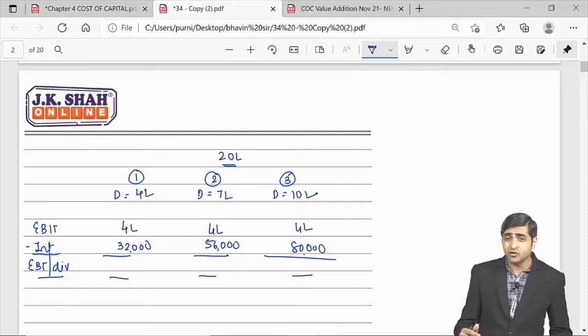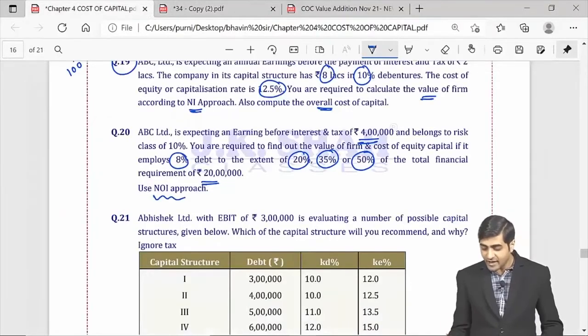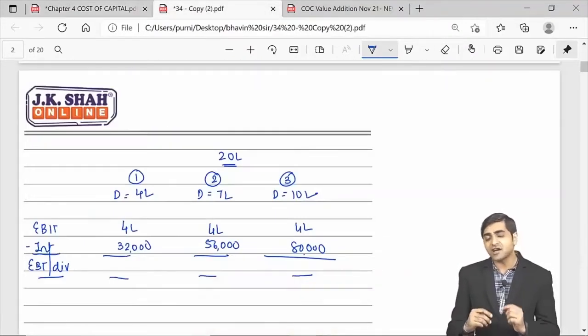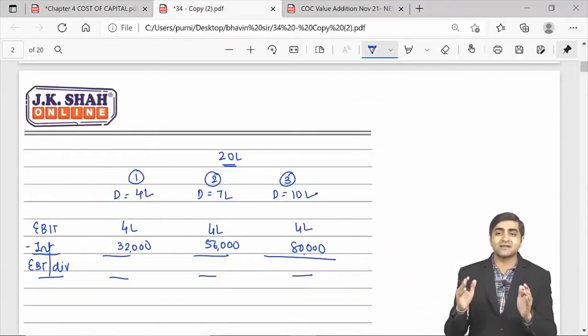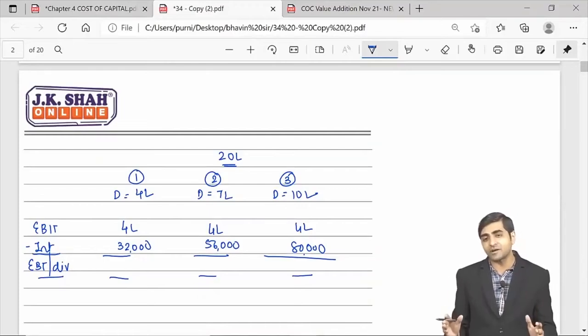So this will actually give you your EBT or dividends. And guys, in this particular case, we are going to use the NOI approach, and your risk class is 10%. Whenever such wordings are given to you, it means that the company's overall cost of capital is nothing but 10%, which is going to remain constant at all levels of debt.